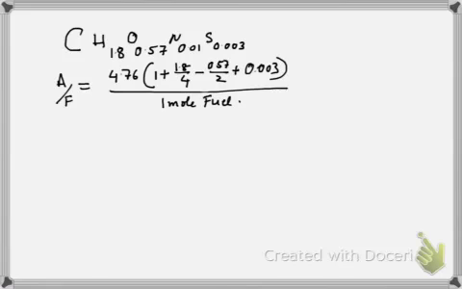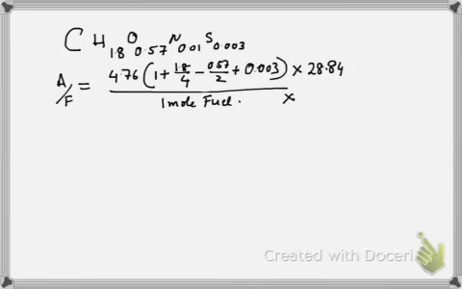Always remember, to convert moles into mass you need to multiply by molecular weight. So we multiply by the molecular weight of air, which is 28.84; sometimes you can take it as 29, it won't make much of a difference. And we need to figure out the molecular weight of fuel.